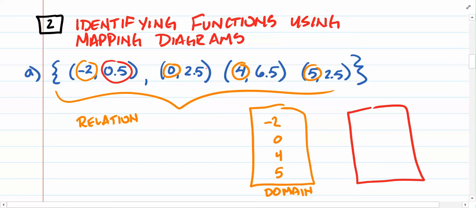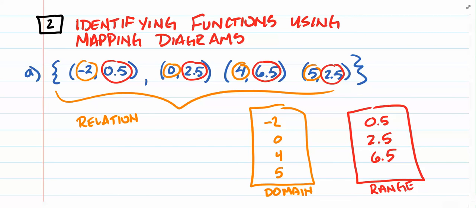So I have 0.5, 2.5, 6.5, and 2.5 again. But since I already have it, I do not need to write it again. It would be the range.